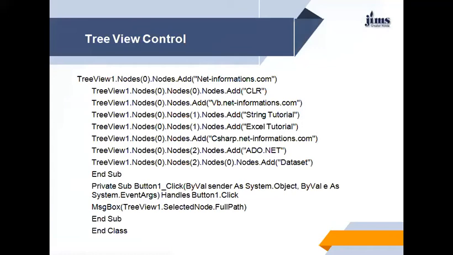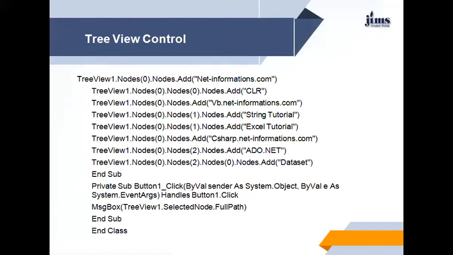TreeView1.Nodes(0).Nodes(0).Nodes.Add("CLR"). In this way we can add row 0, column 1, row 0, column 0, first row first column, first row second column. In this way we add the things, and then End Sub.